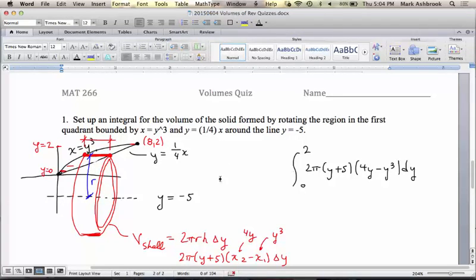All right, we've got time, so I'll set up the washers too.